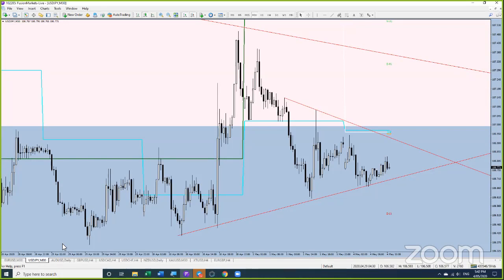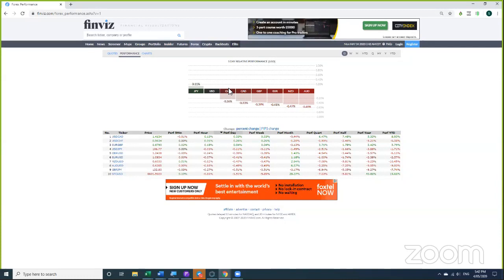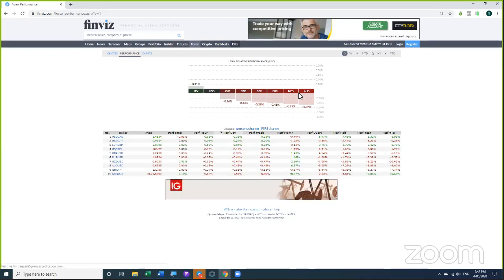I do see that if we go to there, as I said, we can see that the yen has jumped out of the blocks today. And the worst out of the blocks today has been the Aussie. I like that. That's going into deeper retracement. If we have a look at this across the board, so dollar yen, you can see they're very close together today.